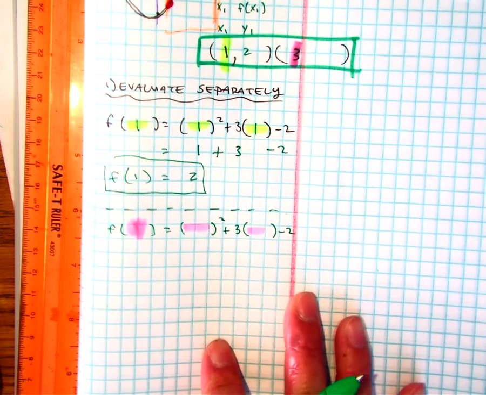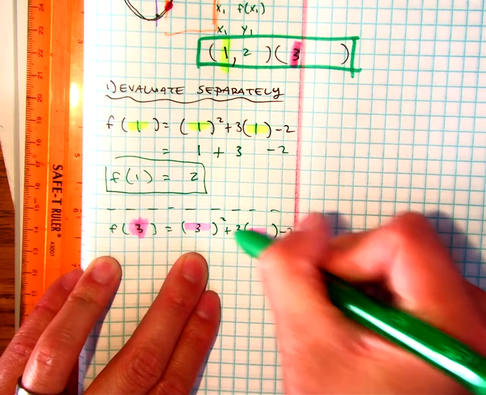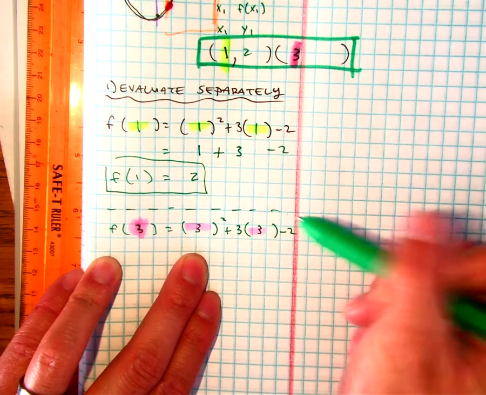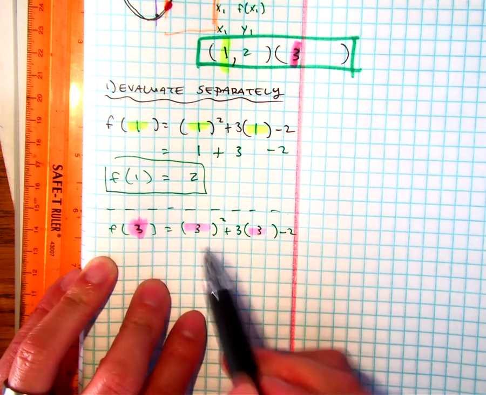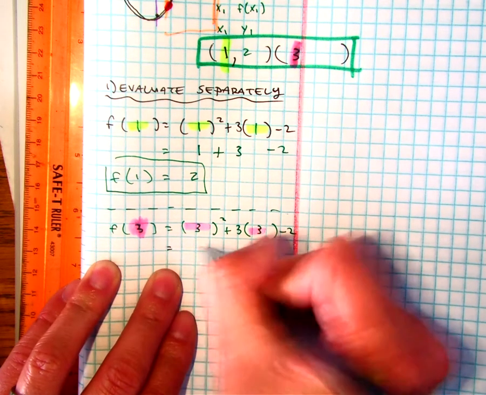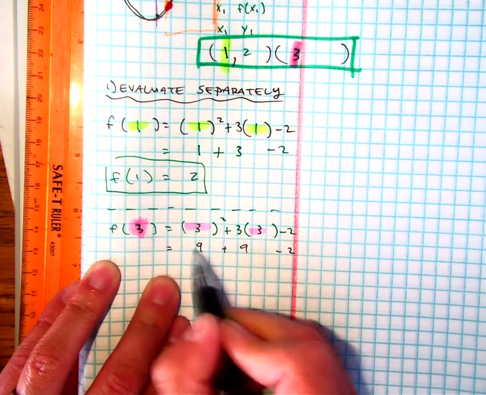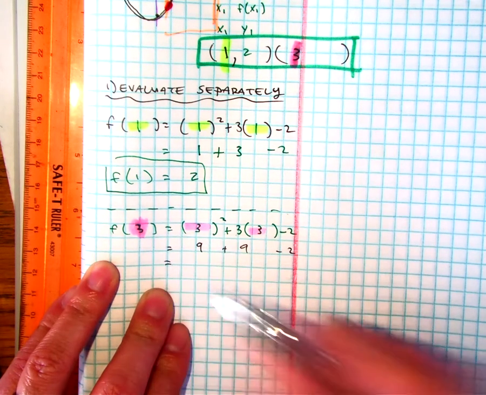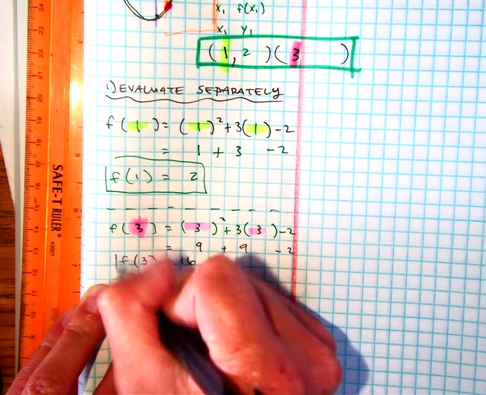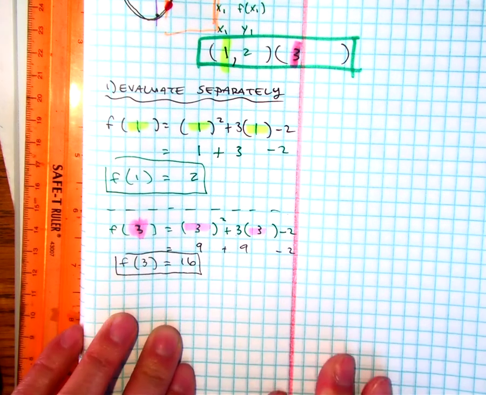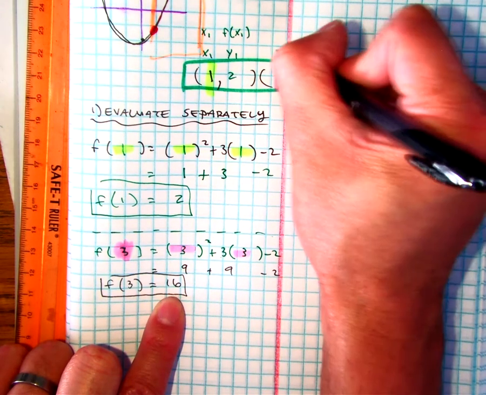So now I have f of 3 equals 3 squared plus 3 times 3 minus 2. What's 3 squared? 9. 3 times 3? 9. 9 plus 9 minus 2. f of 3 equals 16. 16 is the output of our second point.